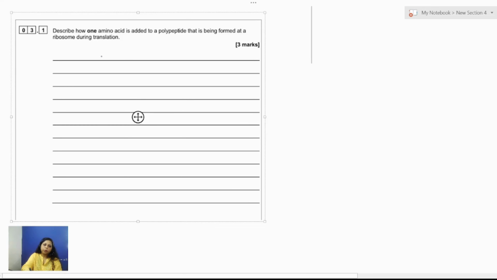Correct. So first of all, you have mentioned tRNA. It brings the amino acid to that polypeptide chain. Then you have mentioned what? Codons or anticodons? Okay. What have you said? The anticodons on tRNA bind to the codon.